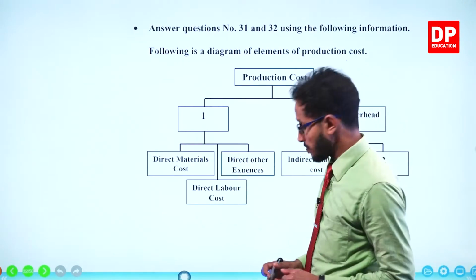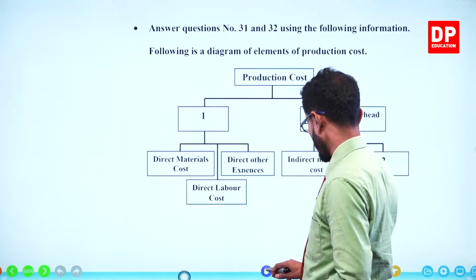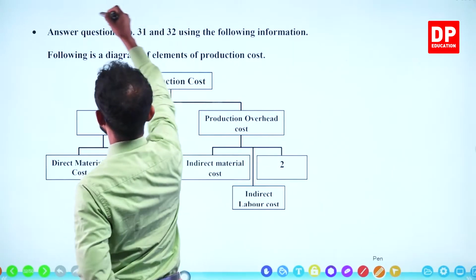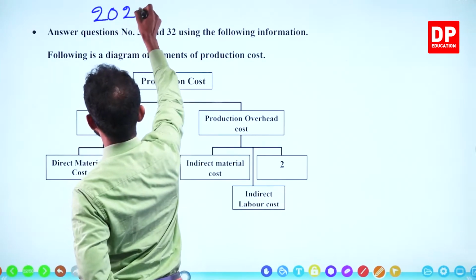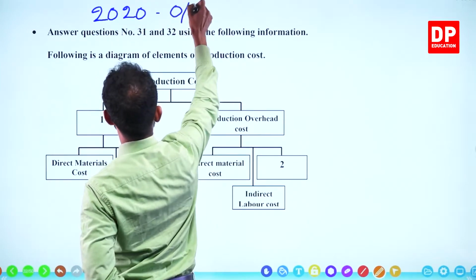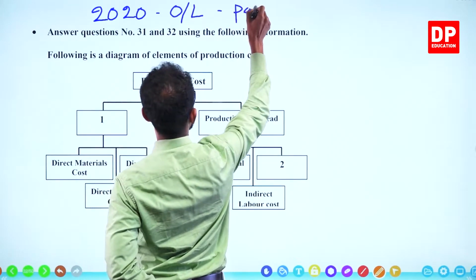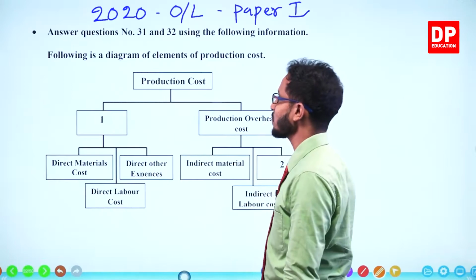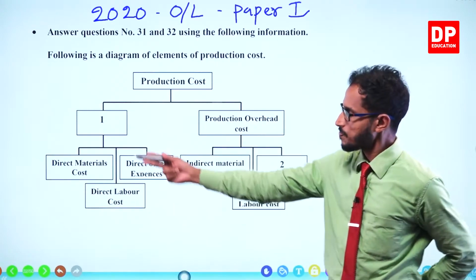O-level first paper, 2020 paper 1. So this is 2020 O-level paper 1. Today we have a diagram given right here.